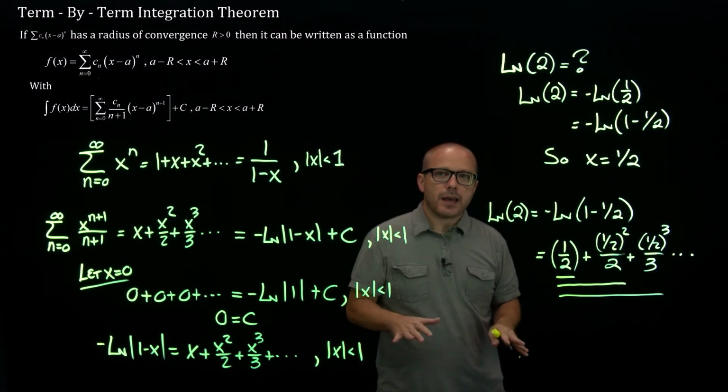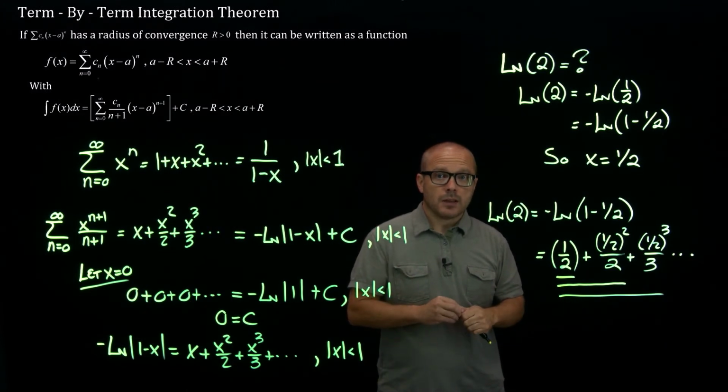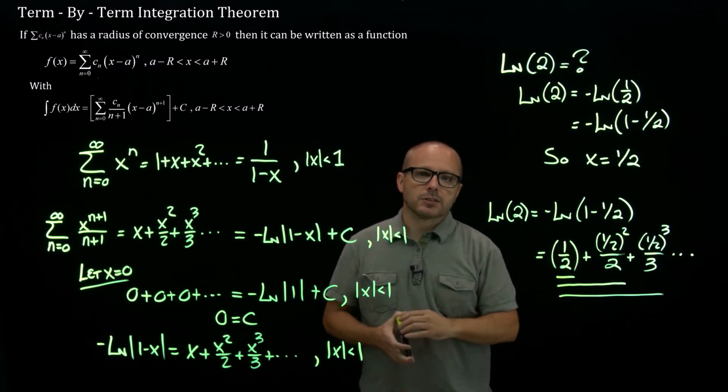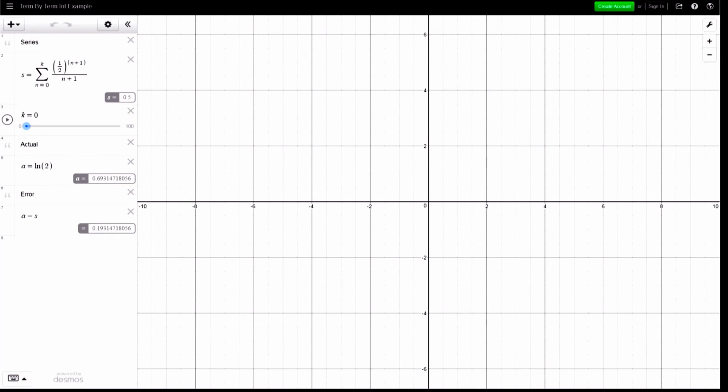So what I'd like to do now is to switch over to Desmos, and we'll take a look and see how these approximations are getting better and better. All right, so what I've done here is I've put a series into Desmos, and I've named it S so I can keep track of the value.